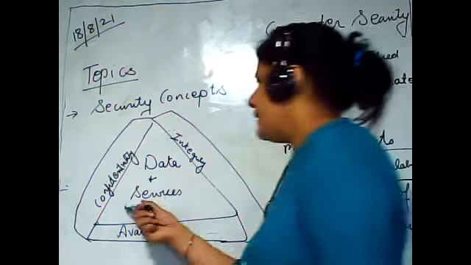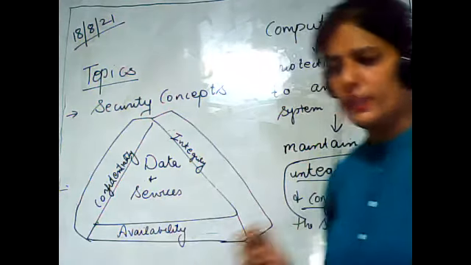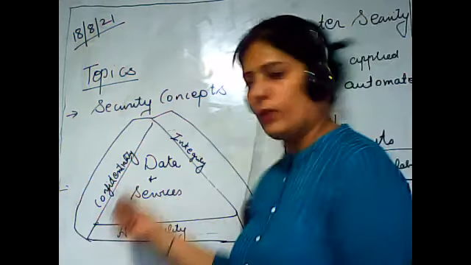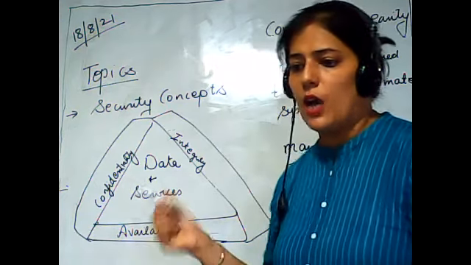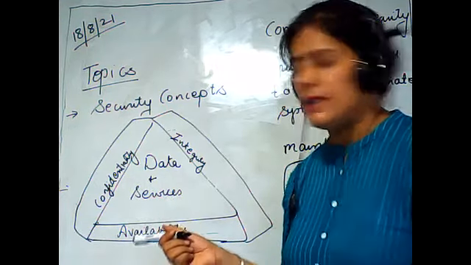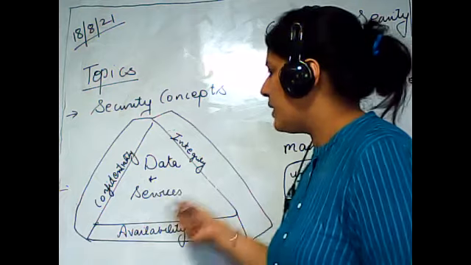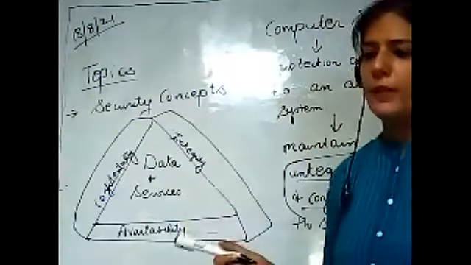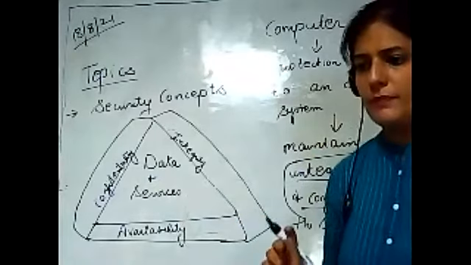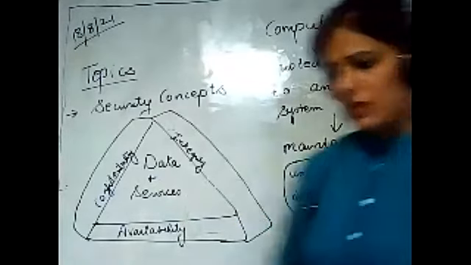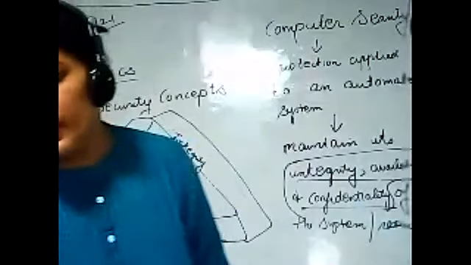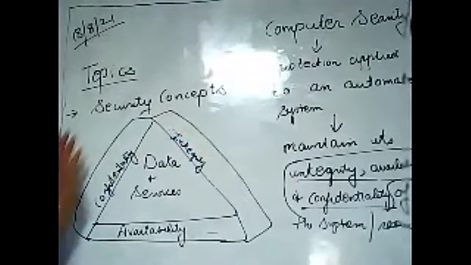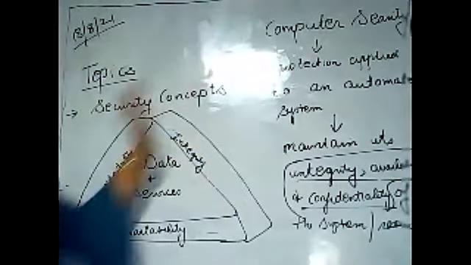Secondly, there are the services that we need to allocate on that data. These are the different ways by which we can utilize all this, and we need to secure that information. Is it clear? So this was about the security concepts, or the key concepts.